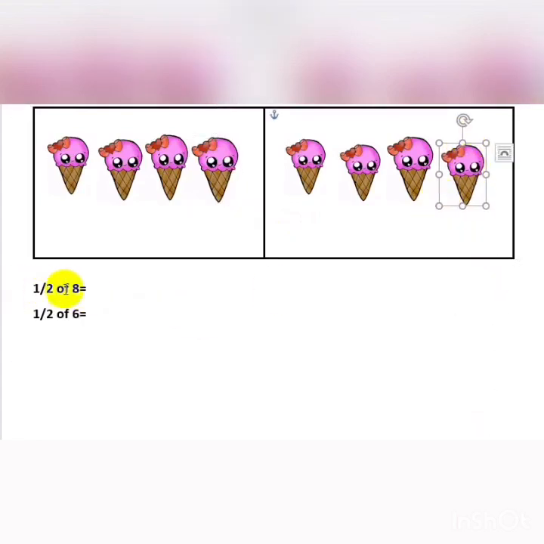So what will be the half of 8? That is 1, 2, 3 and 4, because in one half I have placed 4 ice creams. So half of 8 is 4.